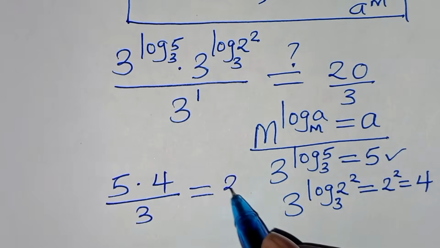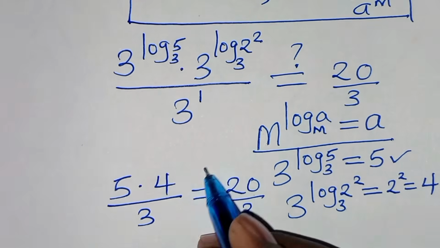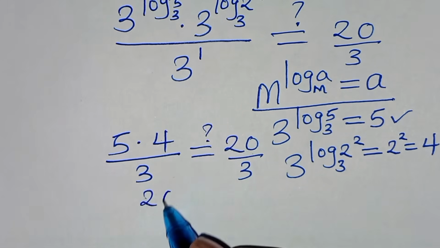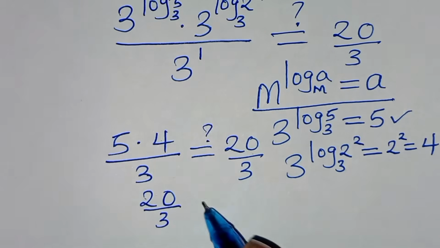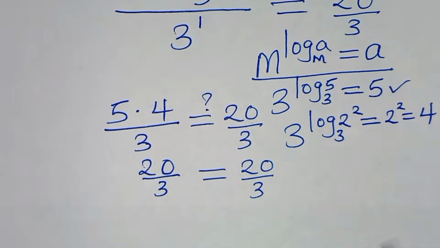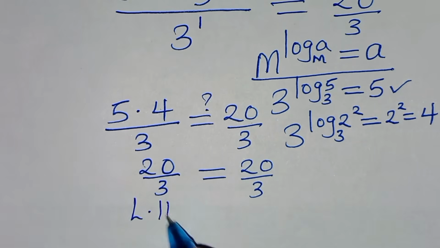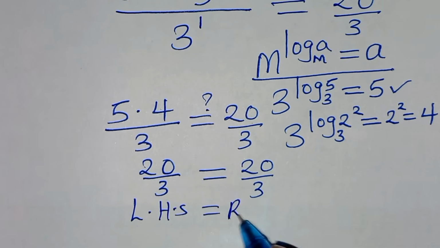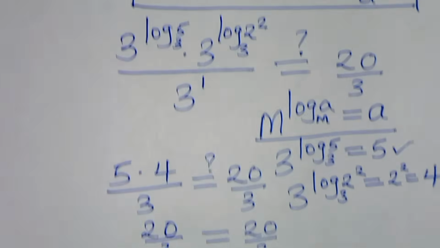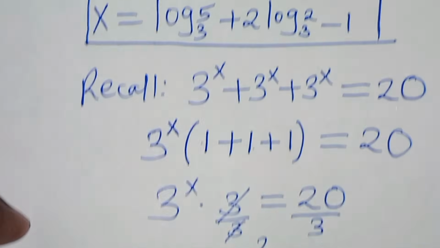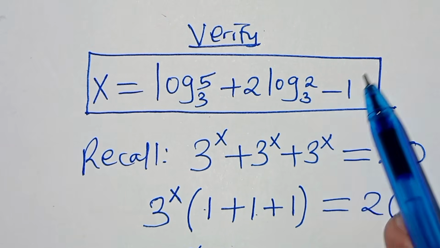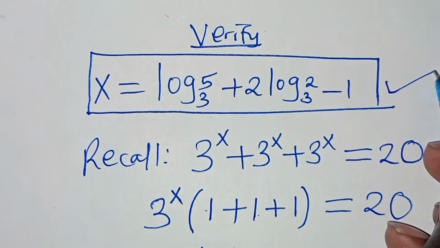This should give us a value of 20 over 3. Now, we have 5 times 4, this is 20 divided by 3, and this is equal to 20 divided by 3. So the left hand side is equal to the right hand side. And therefore, the value of x, which is equal to log 5 to base 3 plus 2 log 2 to base 3 minus 1, actually satisfies the equation.